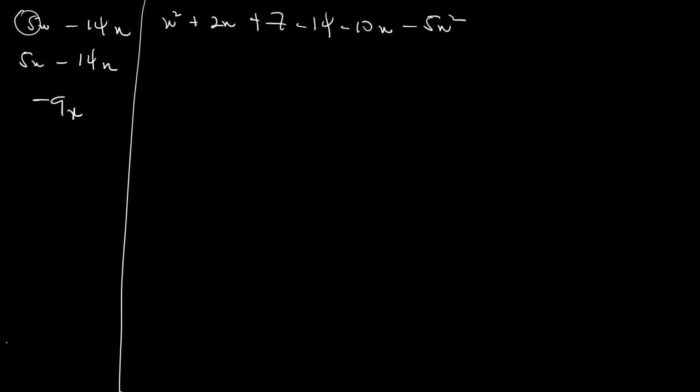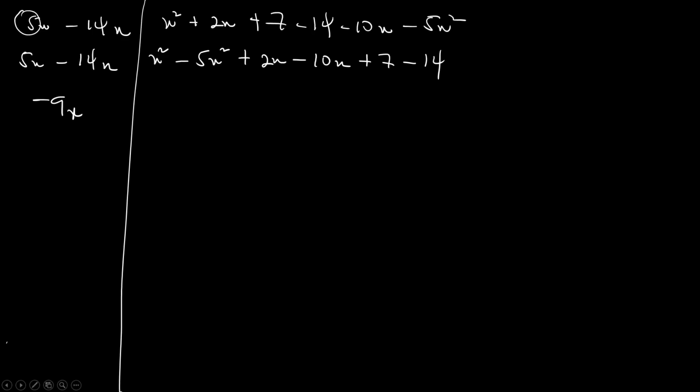So in order to solve this, we need to group like terms. So we need to group all the ones with x squared. So we have x squared, then we check through to find whether we have any x. So we have minus 5x squared, then we have plus 2x, there's another minus 10x, then we have plus 7 minus 14.